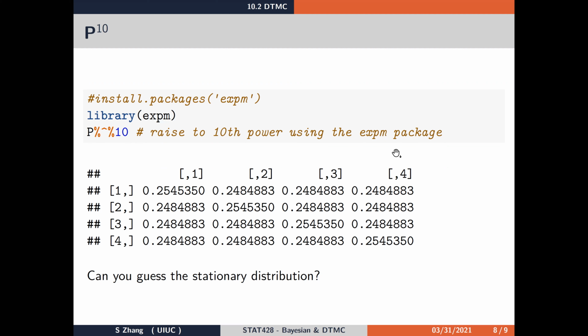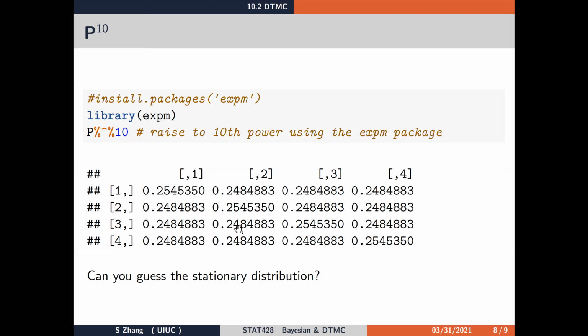You can see that this time, wherever you started, say you started from state 1, then you have about 25% of chance ending up in each of the possible states. So if you started in state 3, things are quite similar, where the chance of ending up in states 1 to 4 is all close to 0.25.